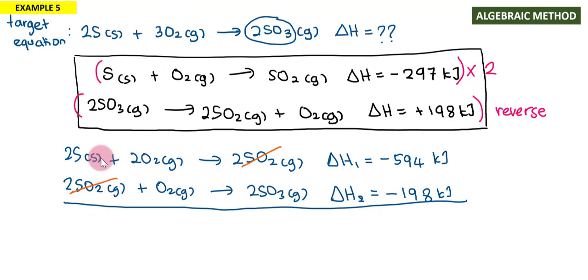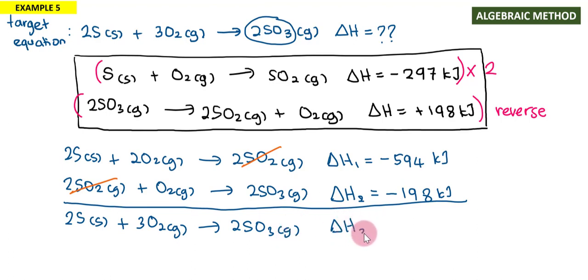Since there is nothing else to be cancelled out, it should give me 2 moles of sulfur plus 2 moles of oxygen plus 1 mole of oxygen. So 2 oxygen plus 1 oxygen gives me 3 moles of oxygen gas, and for the product, it only gives me 2 moles of sulfur trioxide. This delta H, let me label it as delta H3.